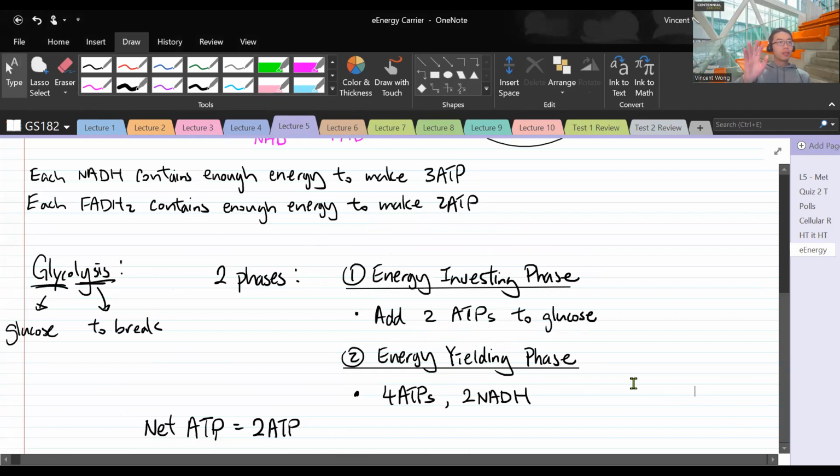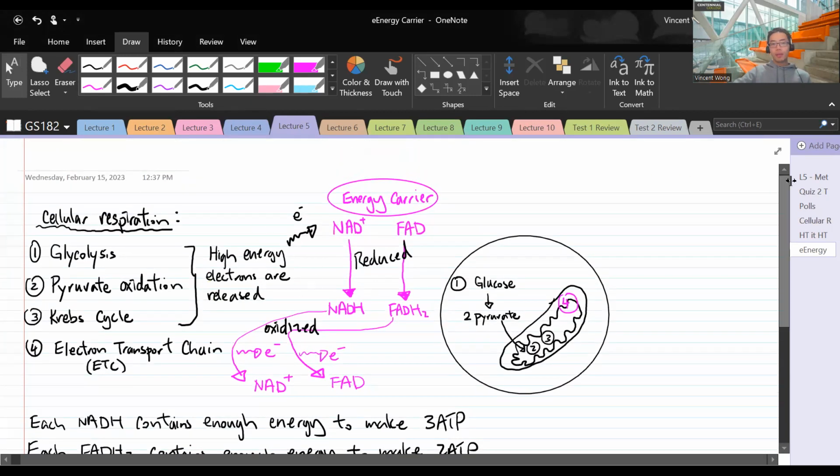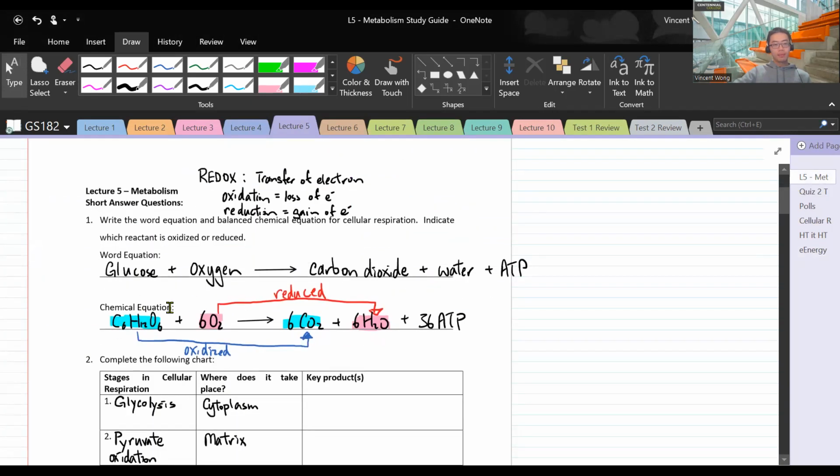Could you explain cellular respiration again? Oh, okay. Cellular respiration is just this overall equation, right? Glucose plus oxygen produce carbon dioxide and water. This is the main reaction in the body that's responsible for making energy for us. And what we're saying is that this reaction doesn't happen in a single step.